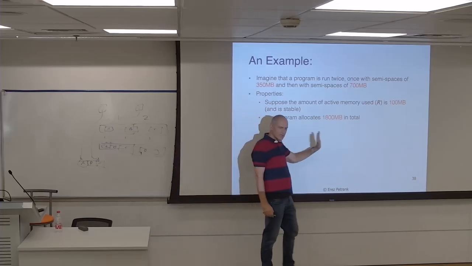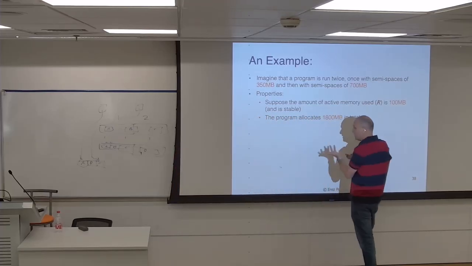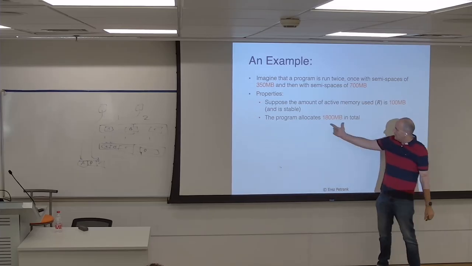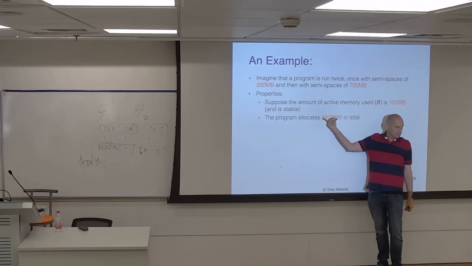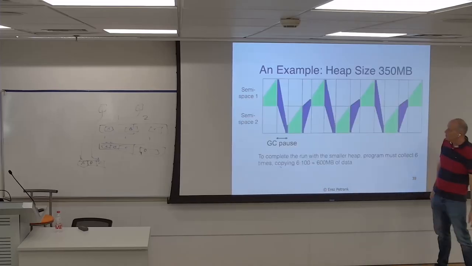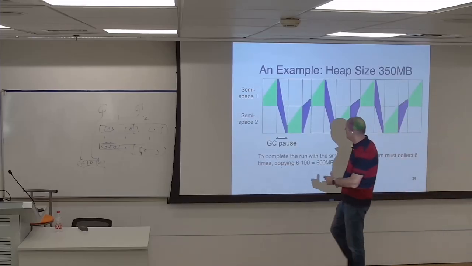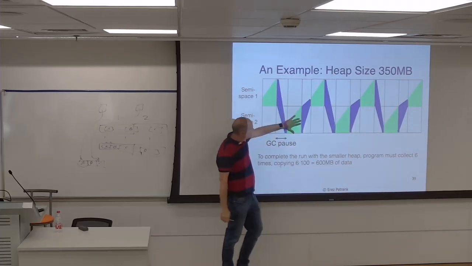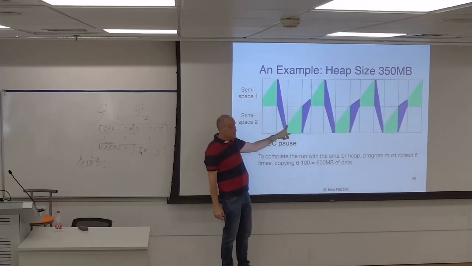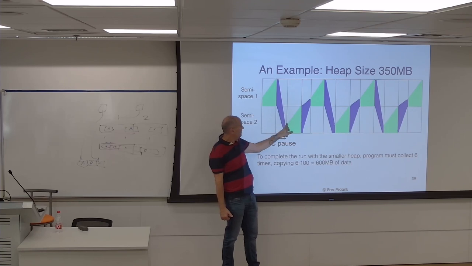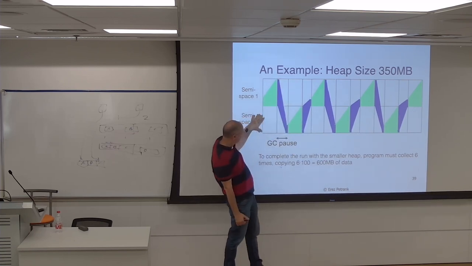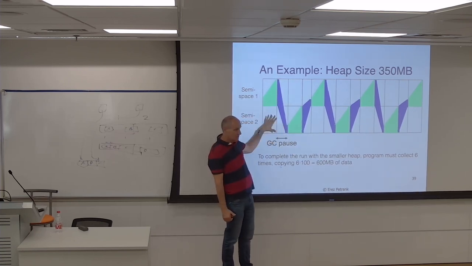It allocates and frees, freeing meaning objects become unreachable, and through its execution it allocates 1800 megabytes. So let's look at this picture. This is one semi-space and this is the other. Whenever I finish a collection, I copy the 100 megabytes of live words. So this is the 350 megabyte semi-space.